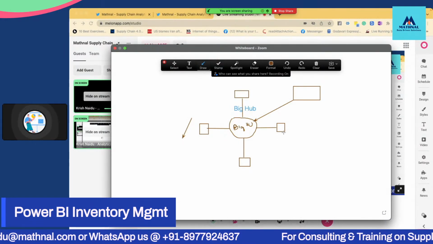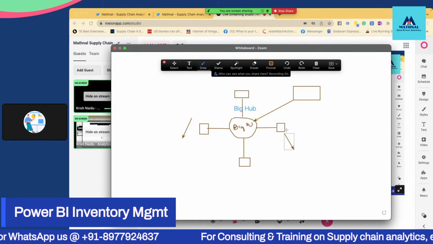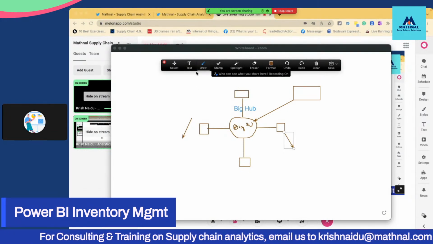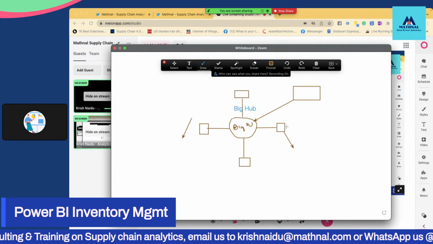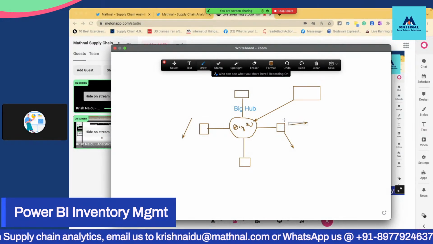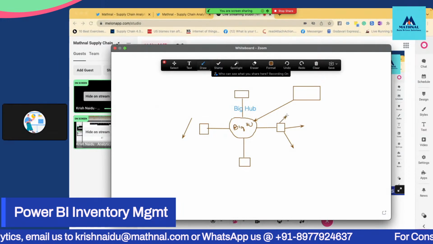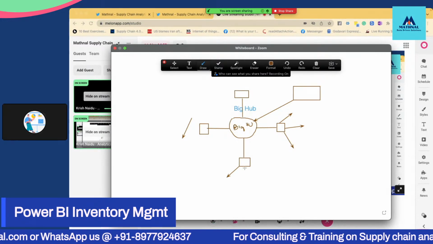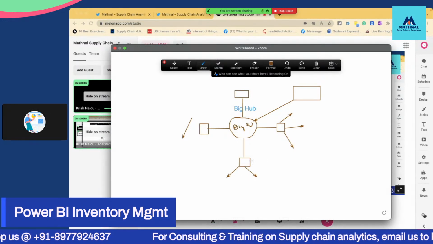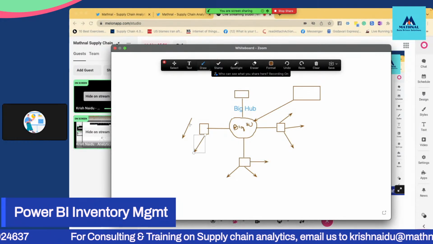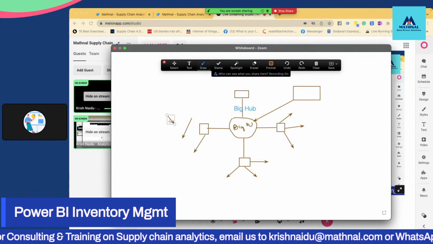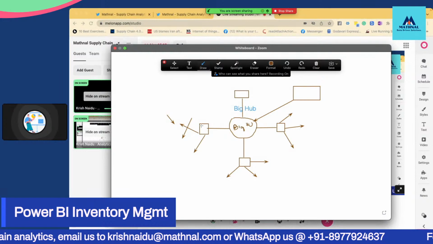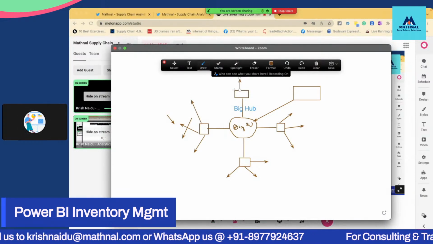Now these smaller hubs are supplying to outlets.